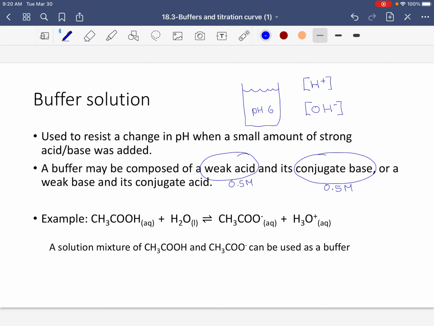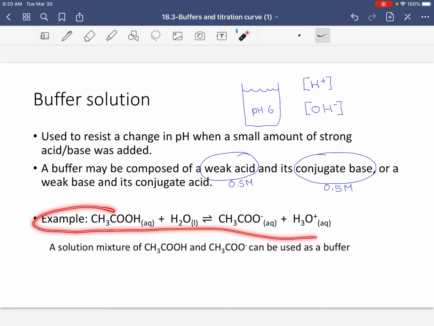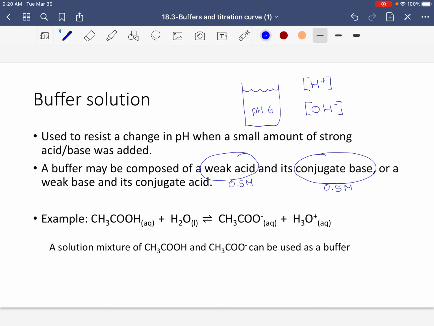Now, let's take a look at this reaction. This is a simple reaction about acetic acid in an aqueous environment. We've seen this before, and you can see that this is an acid. This water right here is acting like a base. Acetate is acting as a conjugate base, and hydronium is acting as a conjugate acid.